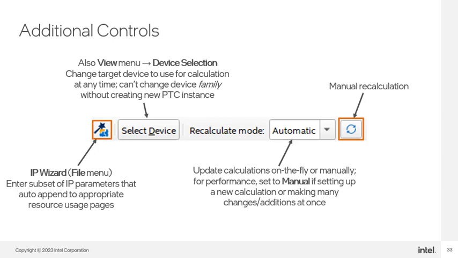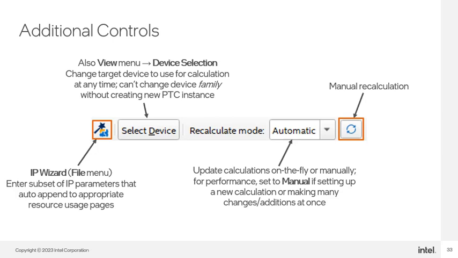You can change the device to any device in the currently selected device family. You can't change families without creating a new instance of the PTC. If you want or need to do this, save the current calculator settings in a .ptc file and open that .ptc in a new instance of the tool, overriding the selected device family as shown earlier.